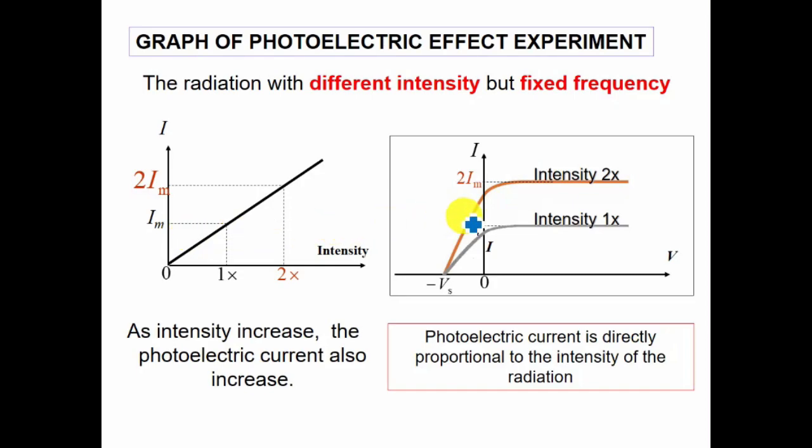As for the current against voltage graph, even though the radiation intensity is double, it only results in twice as much saturation current level, but ends up with the same value of stopping voltage. So we can conclude that the photoelectric current is directly proportional to the intensity of the radiation.